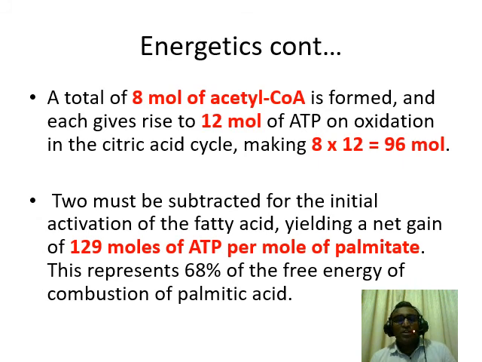So from that 131, you subtract 2 ATP for the activation of the palmitic acid. What you have is a total of 129 ATP net. This calculated amount is only 68% of the energy that you get from the oxidation of palmitic acid. It doesn't give you 100%, and the remainder, 32%, is in fact lost as heat.